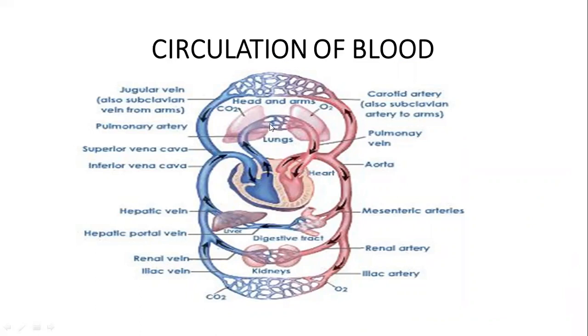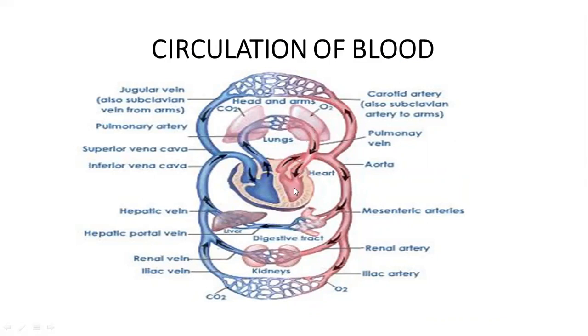In the lungs, carbon dioxide is removed from the blood and oxygen is absorbed by the blood. When oxygen is absorbed by the blood, it becomes oxygenated blood. That oxygenated blood returns to the left side of the heart through pulmonary vein. So pulmonary vein brings oxygenated blood from the lungs back to the heart.